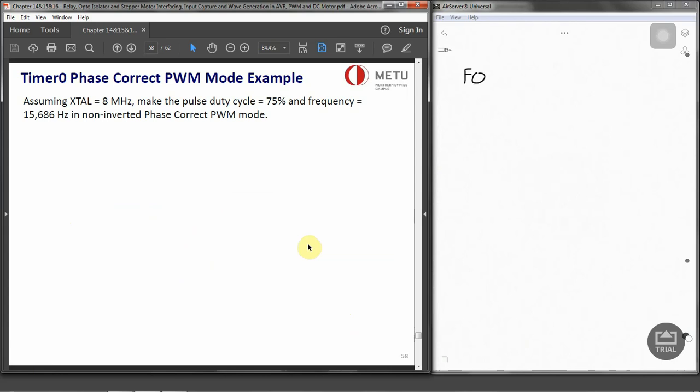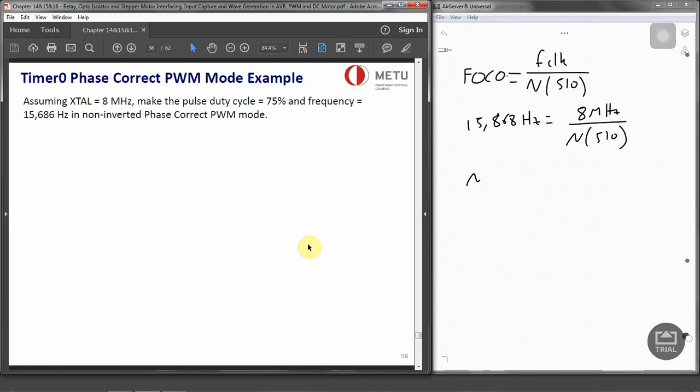Same formula, FOC0 equals the clock frequency divided by n times 510. 15.686 Hz will be equal to 8 MHz divided by n times 510. So n is going to be 8 MHz divided by 15.686 Hz times 510, which will be equivalent to 1.